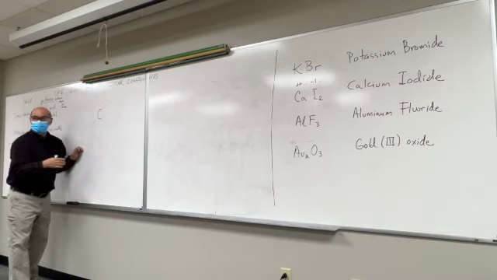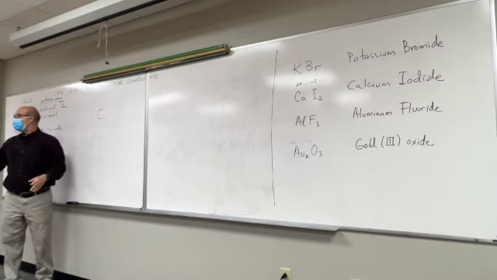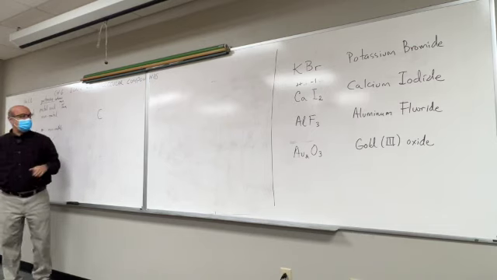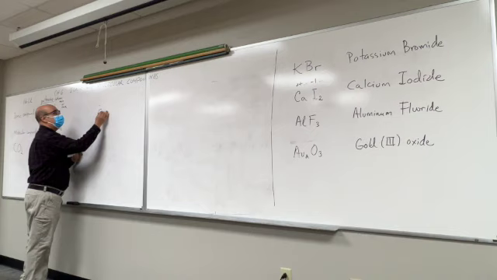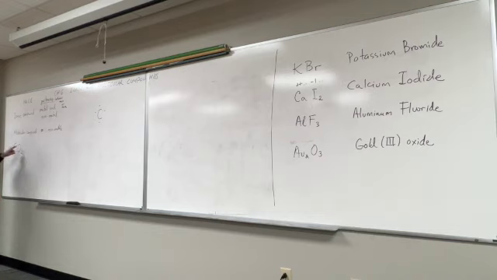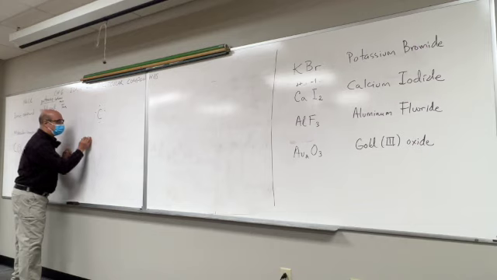So carbon is in group 14. It has 4 electrons in the top floor, right? Group 14. So we're going to put 1, 2, 3, 4 electrons. Now oxygen is in group 16, right? Now according to this compound formula, we have 2 oxygens. So I'm going to put 2 oxygens here. First one right here.